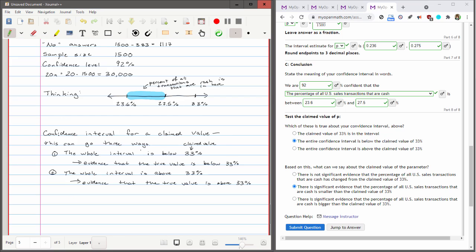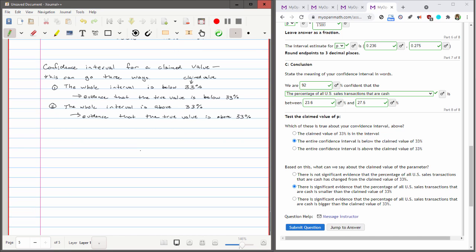And then the third thing that can happen, our interpretation is a little bit different, right? We might have 33 in the interval.